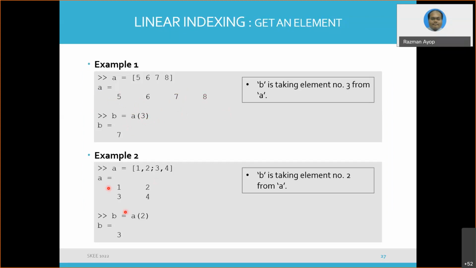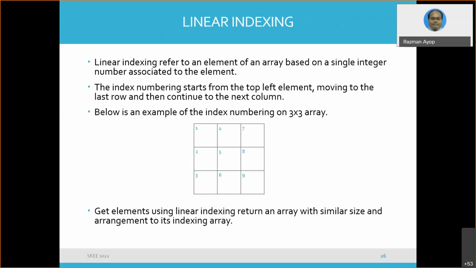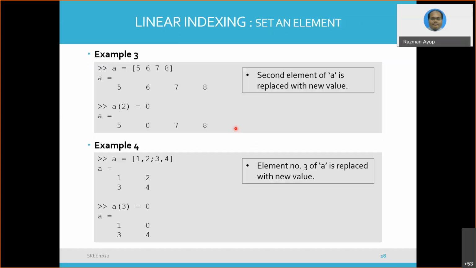But how about a matrix? For this case, if you call number 2, which 2 is it, this one or this one? Matlab counts down the column first, that's why the numbering here goes 1, 2, 3, 4, 5, 6, 7, 8, 9. Make sure you complete the whole column, then start again at the top for the next column.